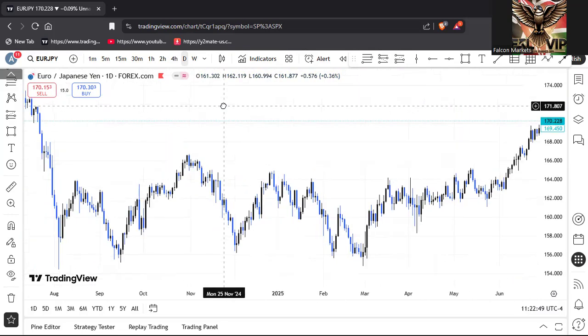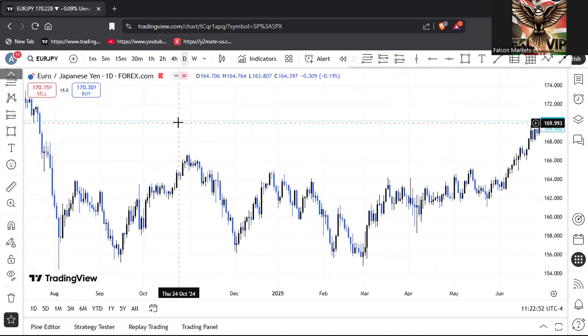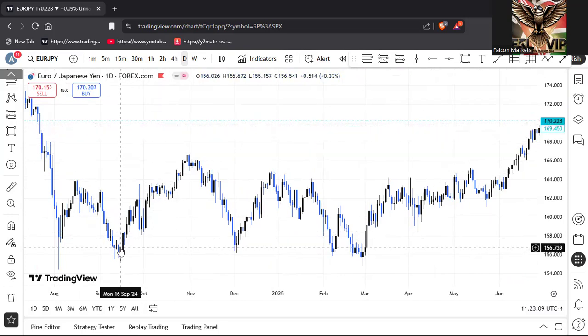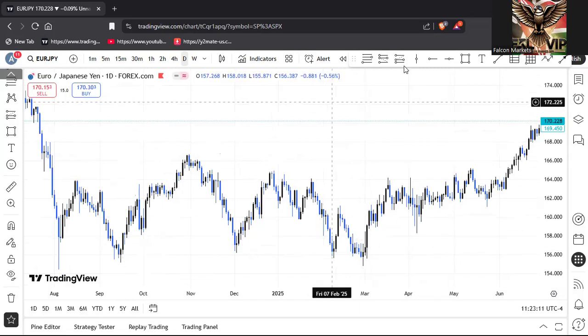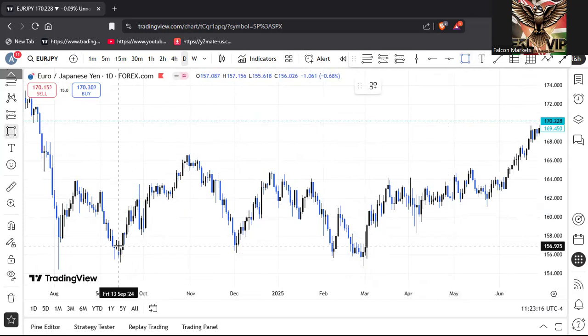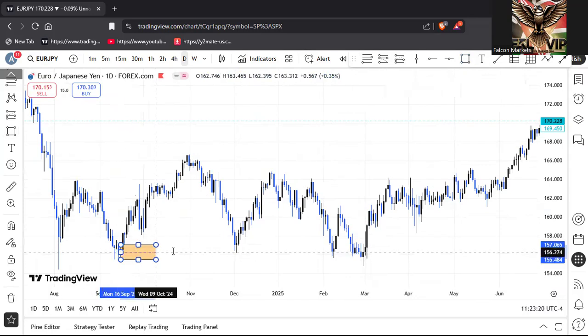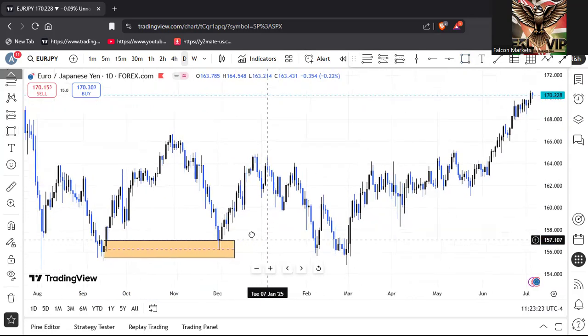The first one we will start with is order blocks. An order block is the first candle before the impulsive move from where the smart money enters the market. In our case, it is this one here.